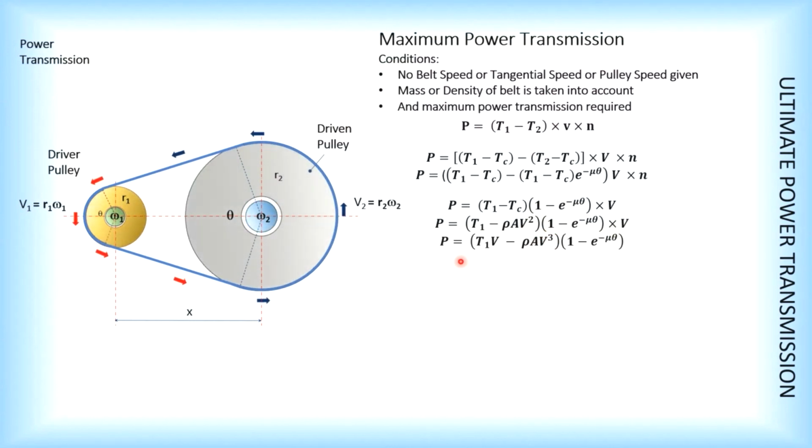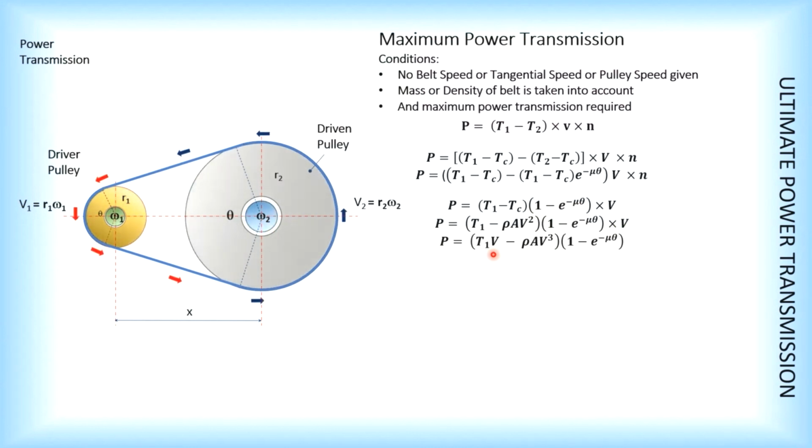So we are going to differentiate this formula with respect to V by applying differentiation. If you want to find any maximum or minimum value, you must differentiate an equation with respect to its variable, then equate it to 0.